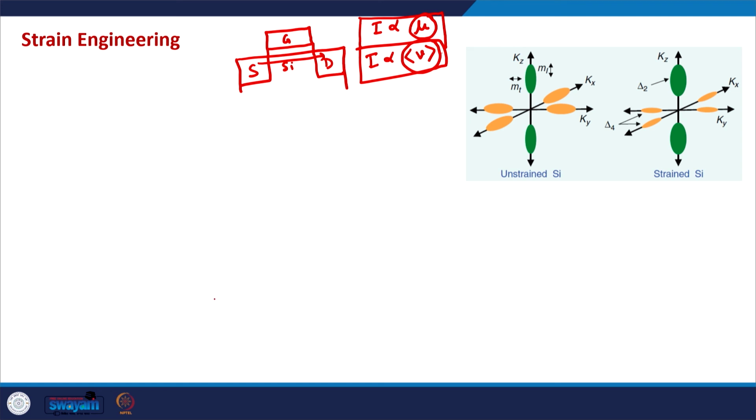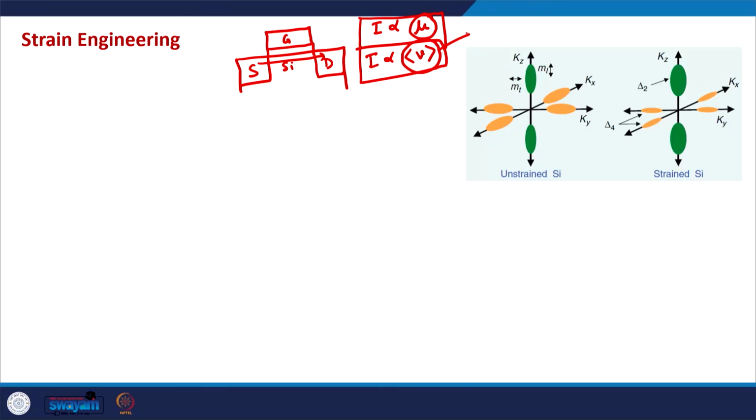Strained silicon means that instead of using normal silicon in the channel, we now use silicon whose lattice structure has been changed, and we will see that for certain kinds of change in the lattice structure, the injection velocity of electrons will increase. That will increase the drive current in the MOSFET, and that can give us better performance without scaling.